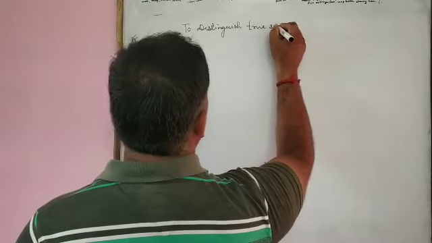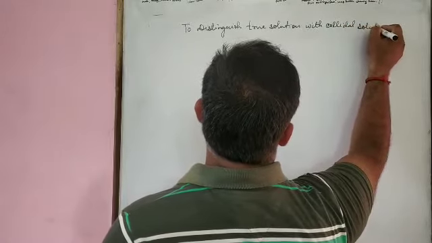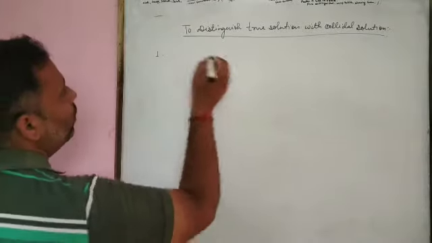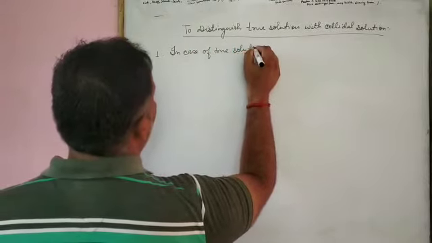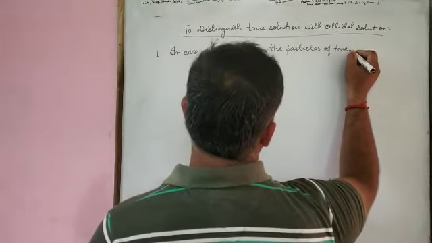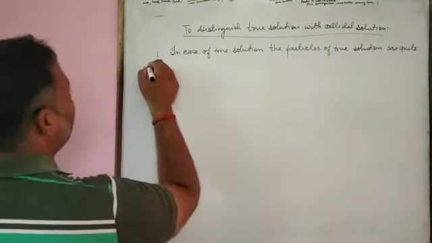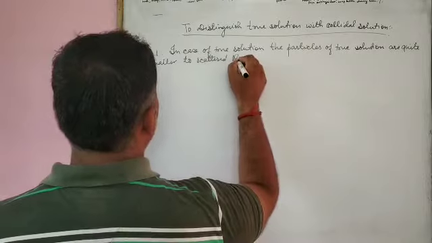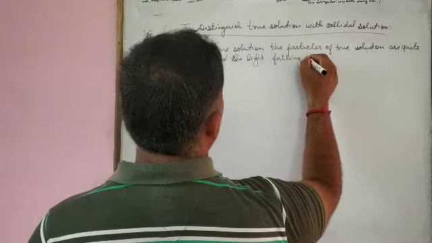In case of true solution, the particles of true solution are quite smaller to scatter the light falling on it.